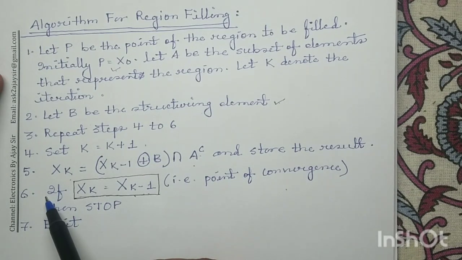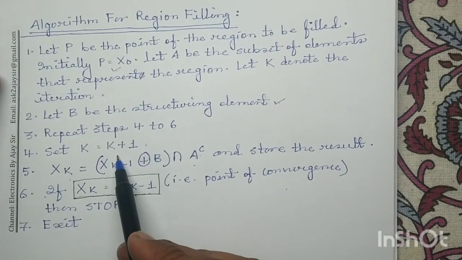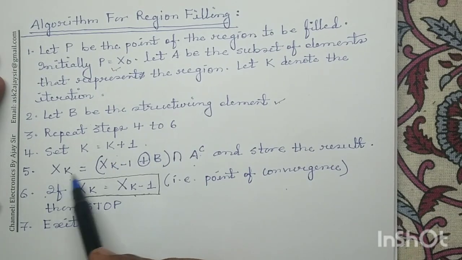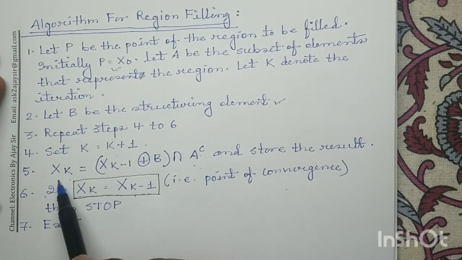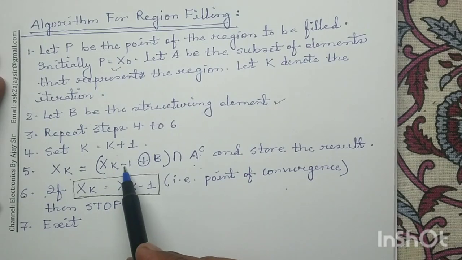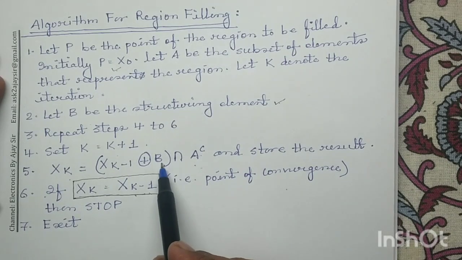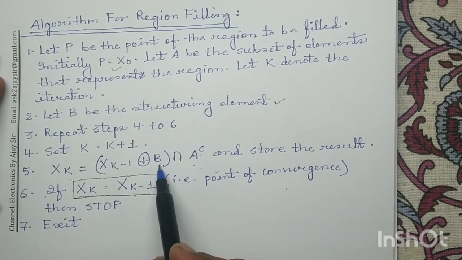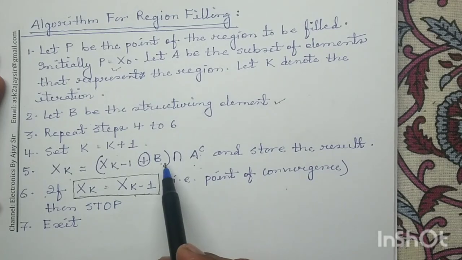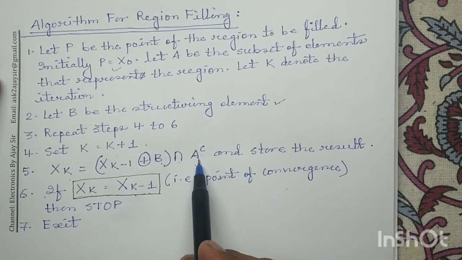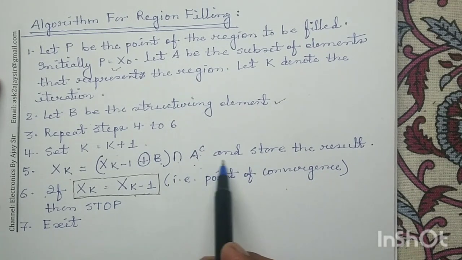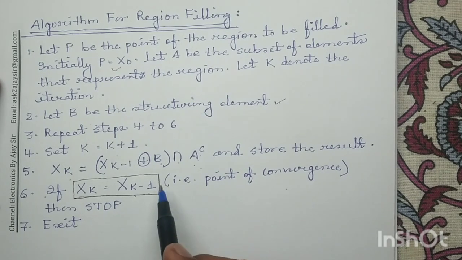For each iteration we increment the value of k by 1, and we perform this mathematical operation, that is X of k is equal to X of k minus 1 dilation with the structuring element B, and this dilated result we intersect with A complement, and this result we have to store.